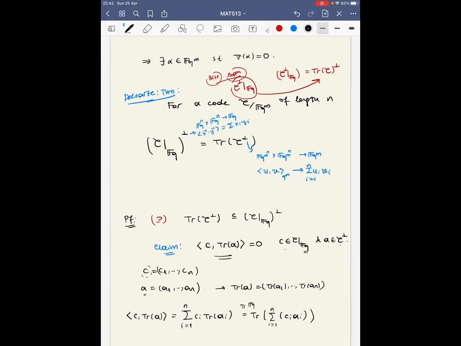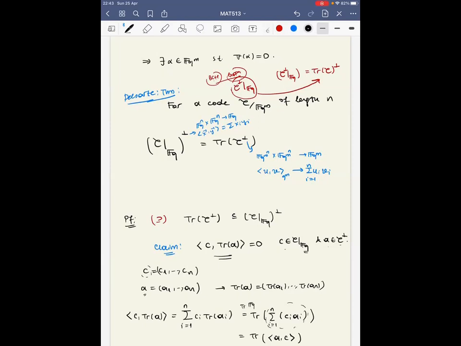And now let me note that this sum of the products of the coordinates a_i and c_i is indeed the inner product of the vectors a and c.